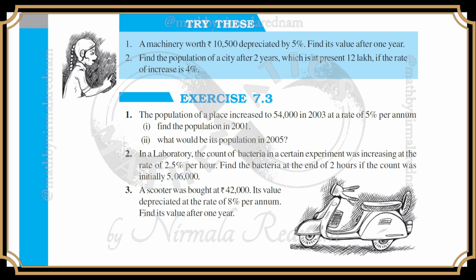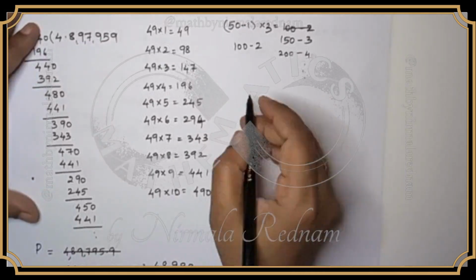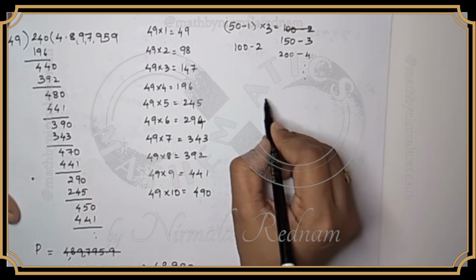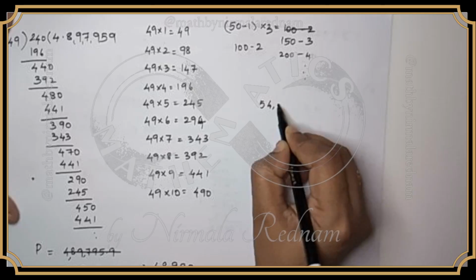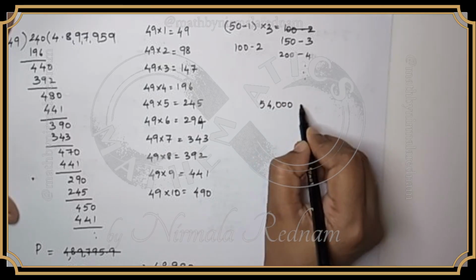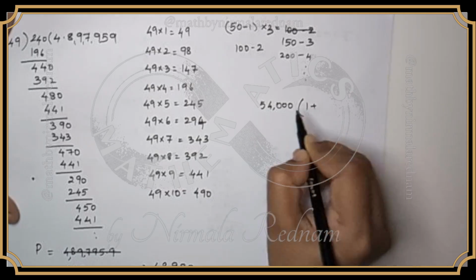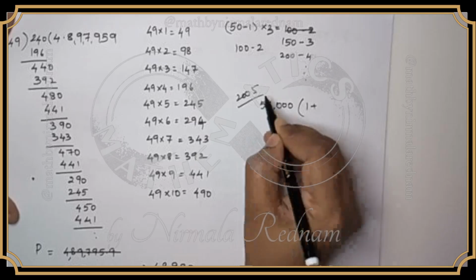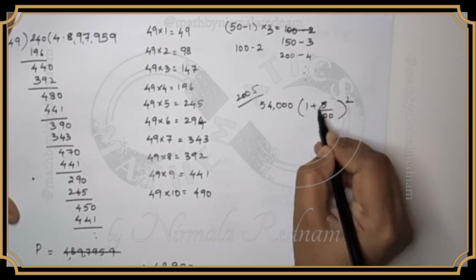So the next question is, what would be its population in 2005? That is 2 years from 2003. So here my formula is going to be P into, which is 54,000 into 1 plus 5 by 100 whole square, right?